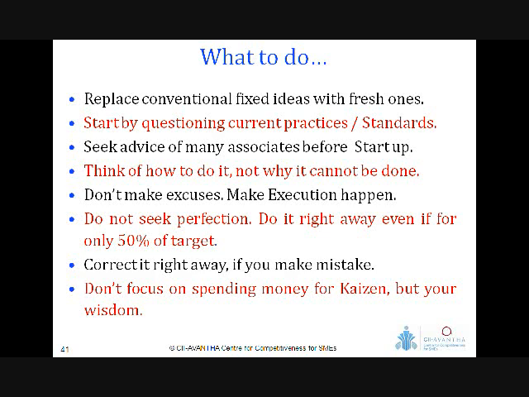Focus on your wisdom. In many organizations, when Kaizen activity started, employees had given solutions for racks, for trolleys, for tools, etc. Don't do that. Tell them clearly, use your mind to utilize current resources.